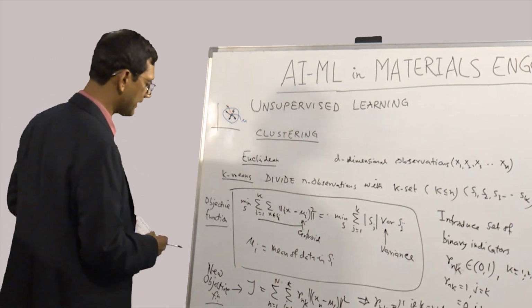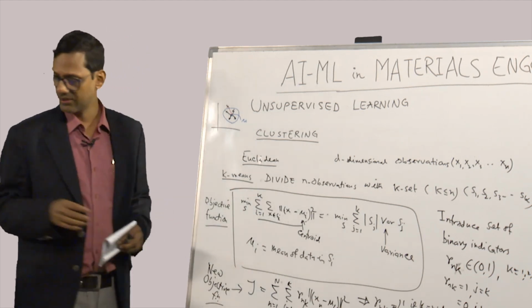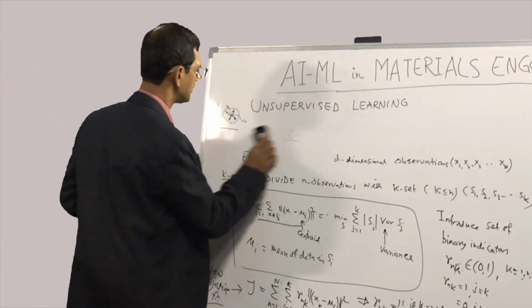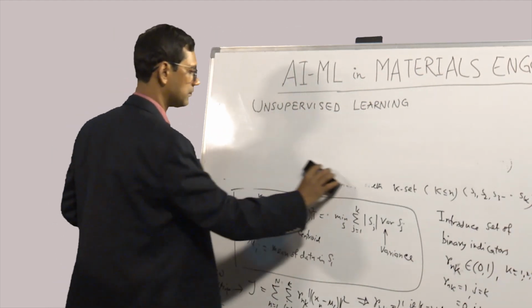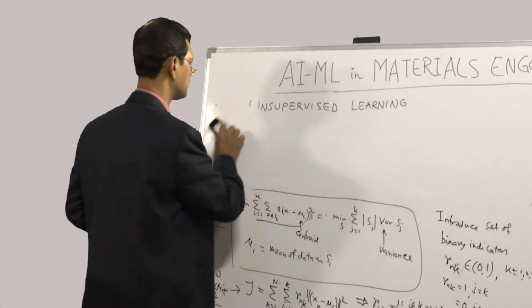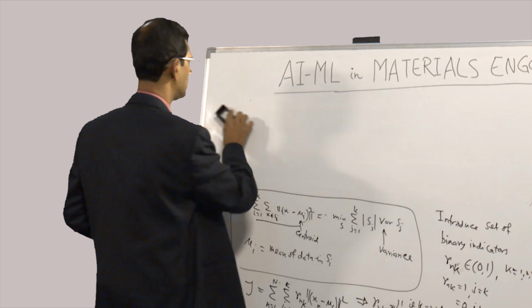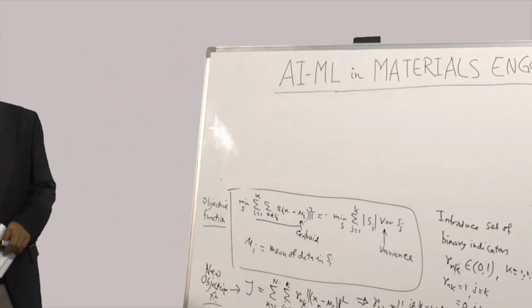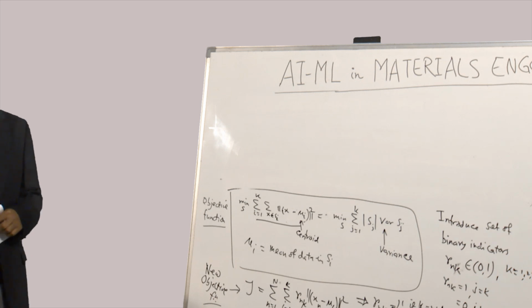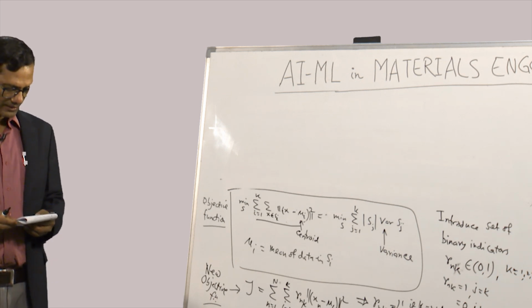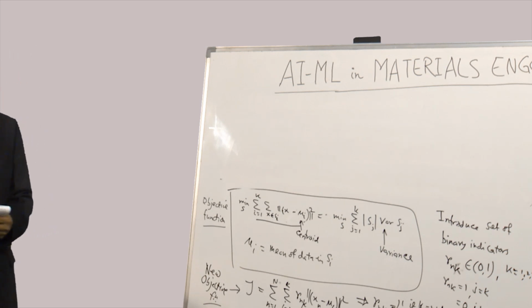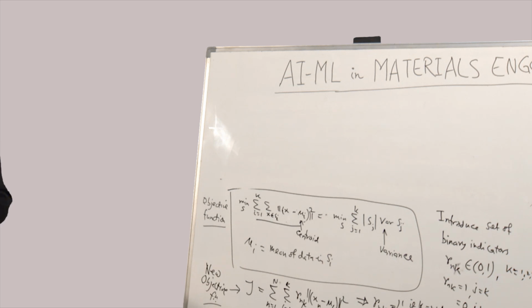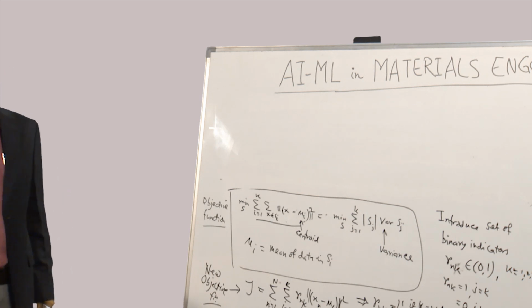Once you know that r_nk is 1 for particular clusters, let me erase something, then I can show you. Once r_nk is determined, then you can optimize the value of mu_k. It is very simple, you do not need to worry much about it. Basically the distance function, the objective function J, is a quadratic function.